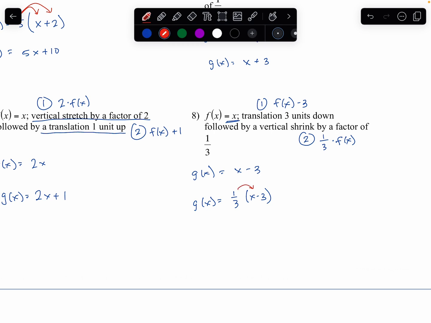So we're going to have to distribute the 1/3. Okay, and then that's going to be, I'm just going to write it as 1/3 times x. You could write it as x over 3, that's fine too. And then when I do 1/3 times 3, those are inverses of each other when it comes to multiplication. And 1/3 times 3 will just be 1, so minus 1. So that right there is g of x.